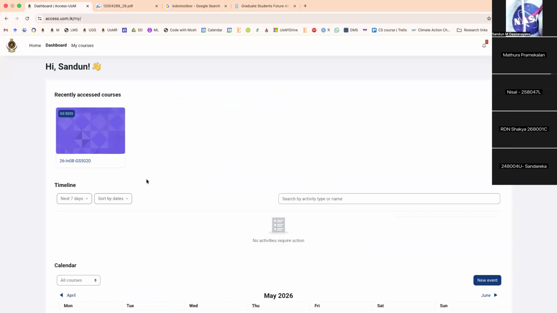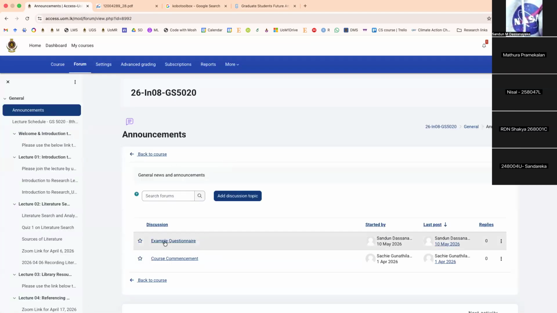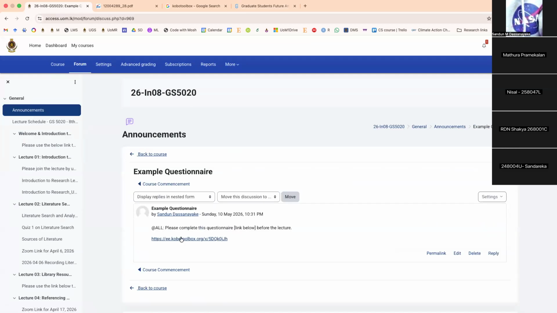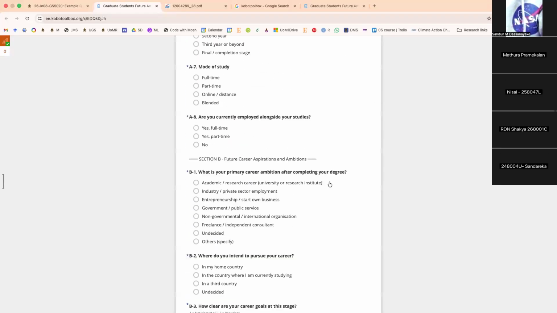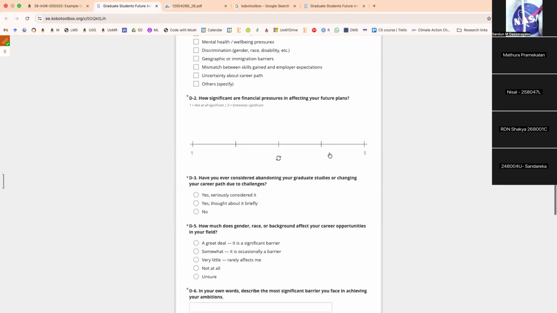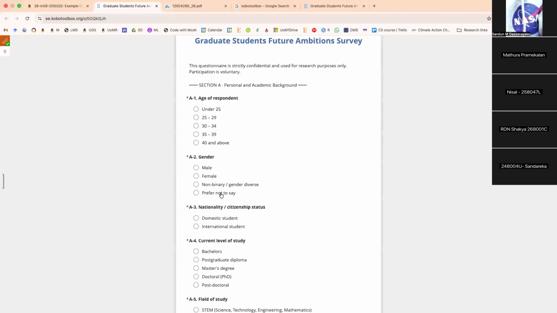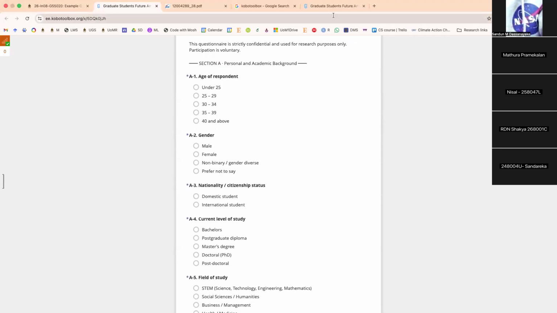The link is available under announcements on the website, under Example questionnaire. If you click on this, it will direct you to the questionnaire page, so you can read it and answer it. It doesn't collect your personal details. For academic background, only age, gender, and other things are there.